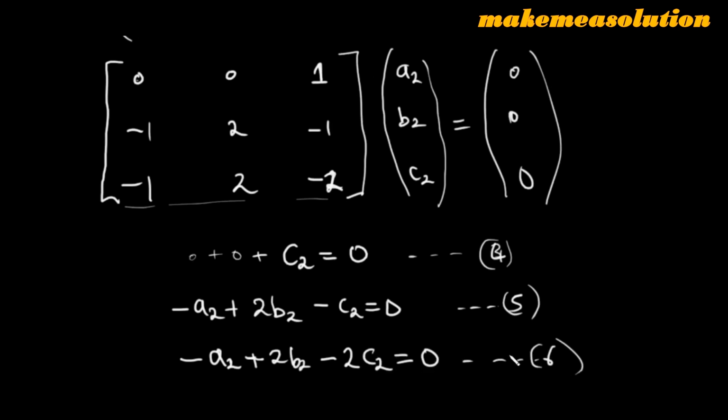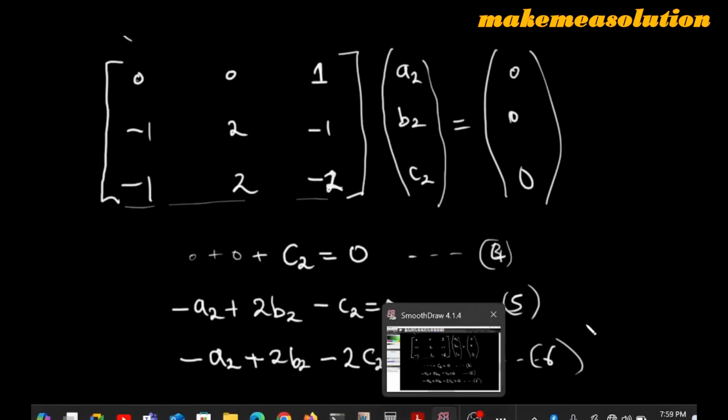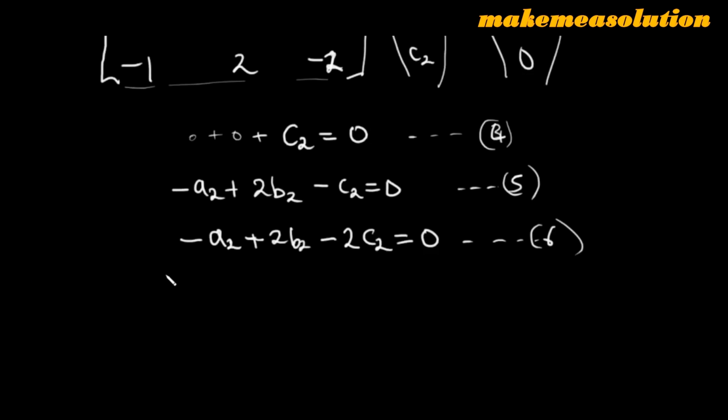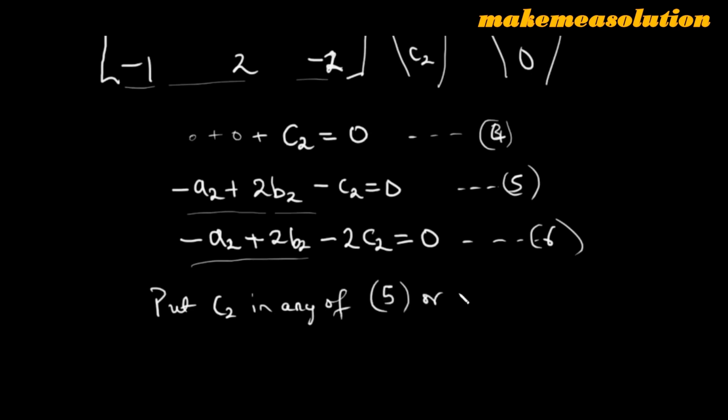Okay, so we already know that c2 is 0. So you can choose to work with either equation 5 or equation 6. The most important thing is that these two places are the same. So I can put c2 in any of 5 or 6.